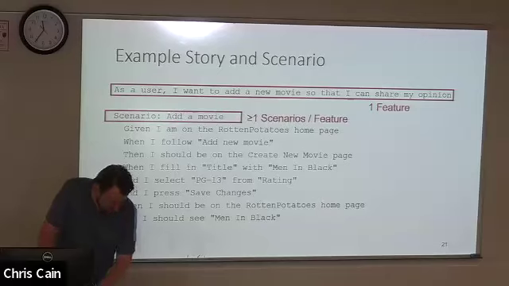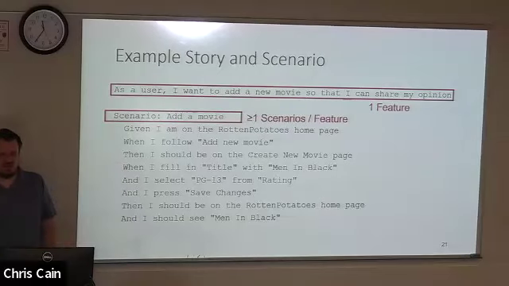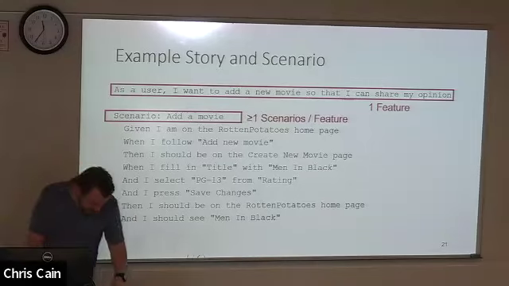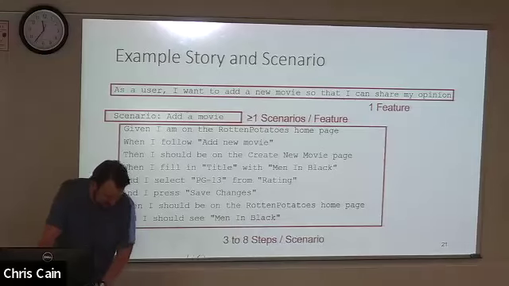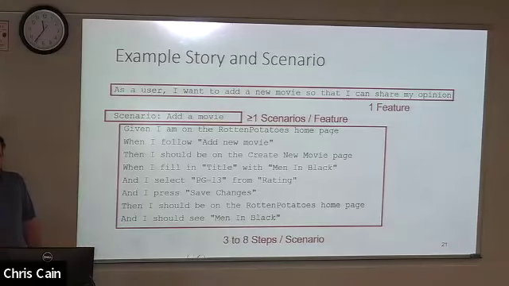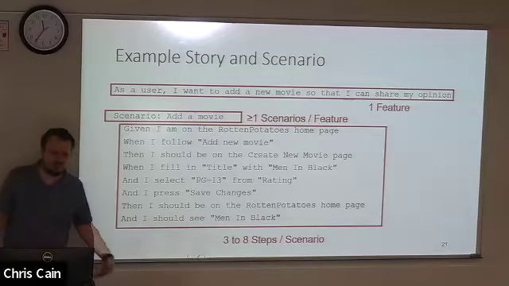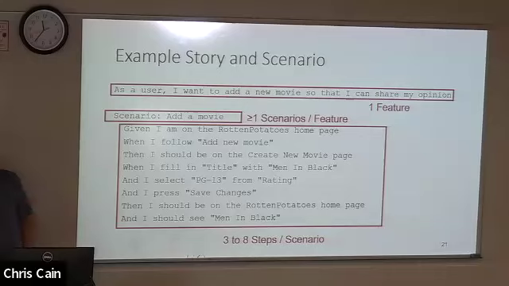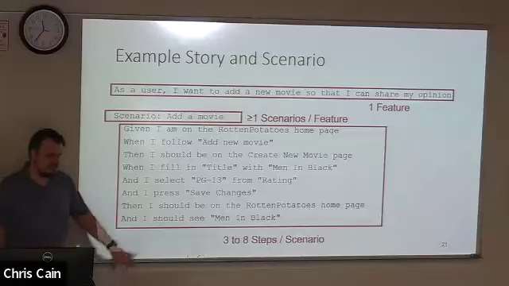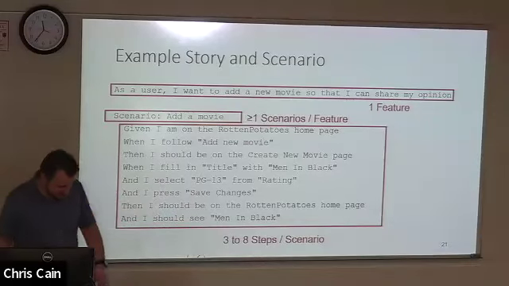We end up with one or more scenarios that branch from that described feature in client language. The idea is each scenario should be some number of steps, but try to cap it at about 8. You don't want this long flow diagram of all of the possibilities of how to handle something from a single scenario. Each scenario should be a bite-sized piece.